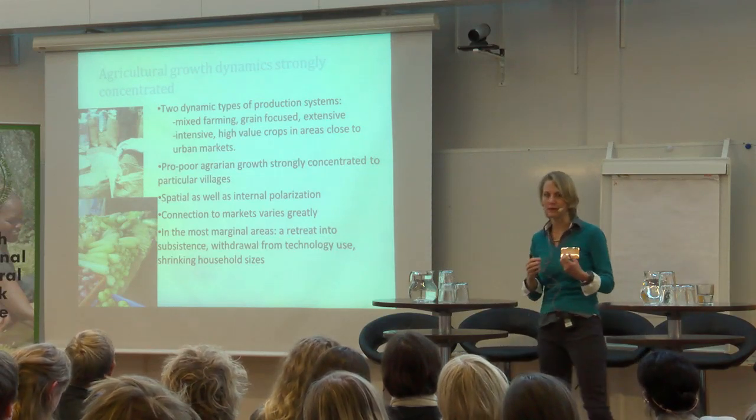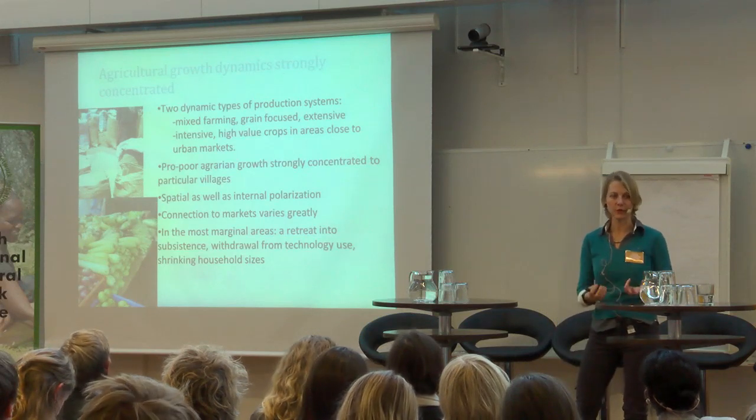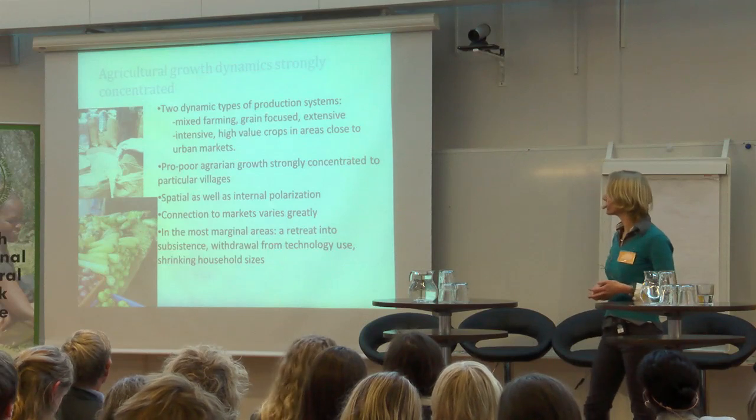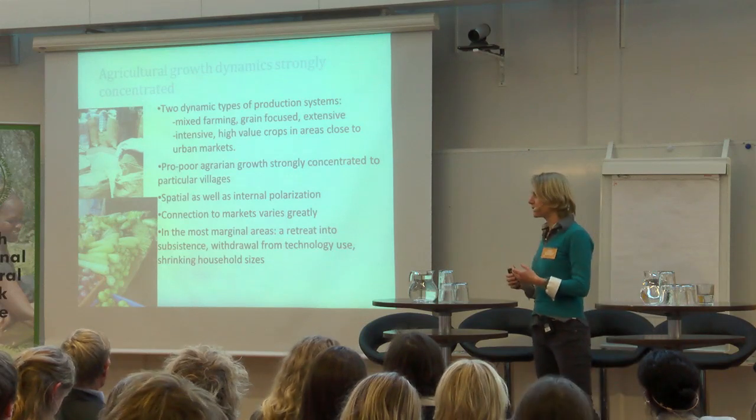Dynamic in the sense that they're growing and more food is being produced. One is tied to mixed farming, grain focused, and it's extensive in the sense that it combines livestock with quite large scale land where primarily maize and livestock and to some extent cotton are combined.